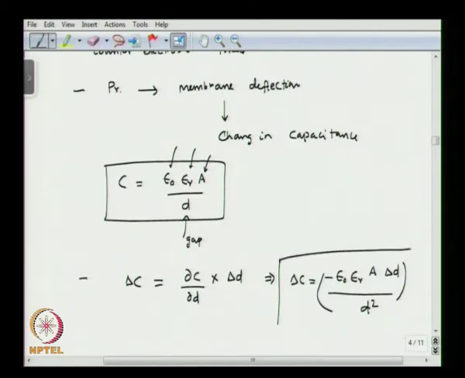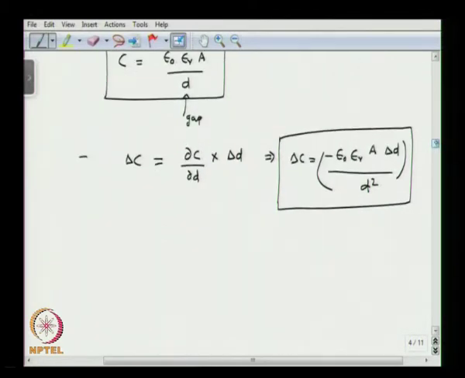Okay. So, that is how the capacitance is going to be related to the gap which is a function of the flow rate. Okay. So, delta C is related to D which is related to the flow rate. So, that is the principle based on which the capacitive pressure flow sensors work.